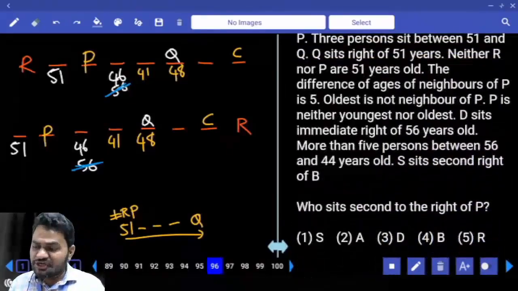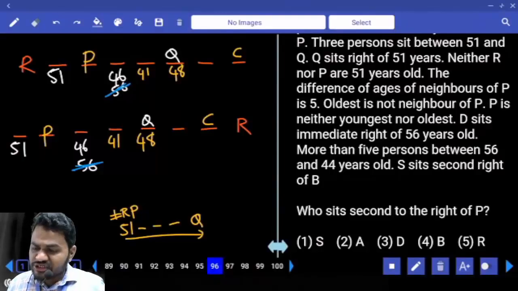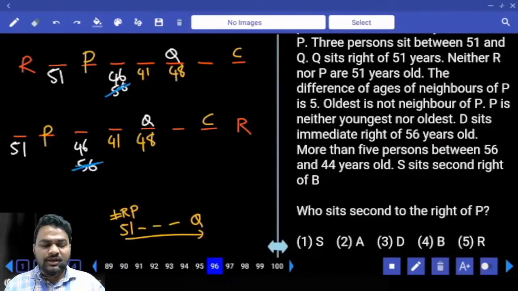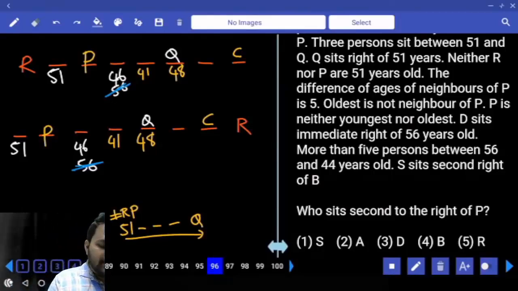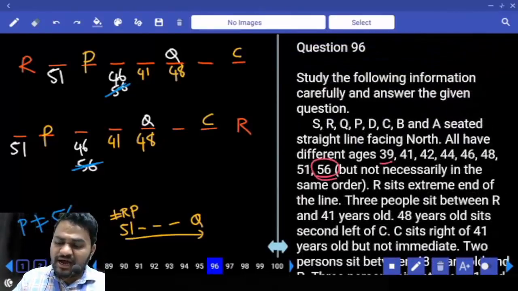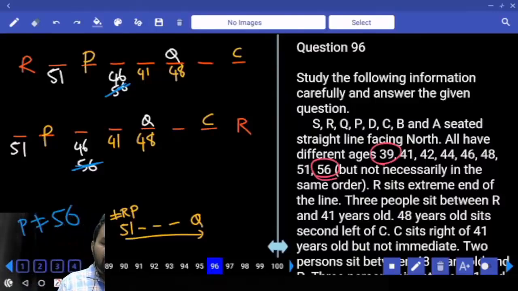And the next condition here, P is neither youngest nor oldest. P cannot be oldest and youngest. Oldest is 56, so P's age is not 56 and is not youngest as well. P is not 39 also.